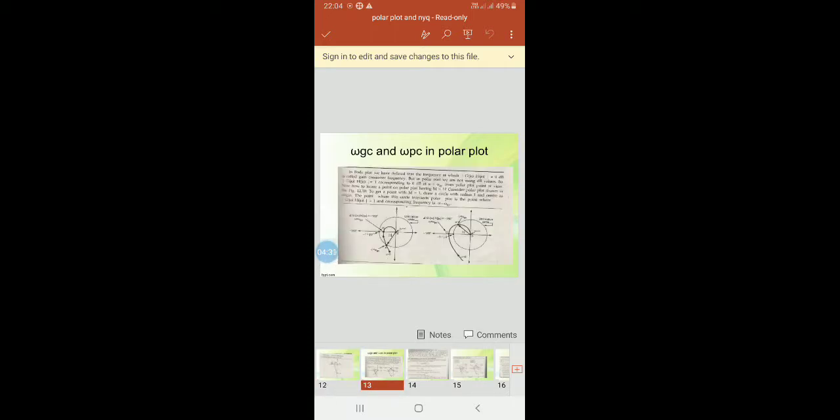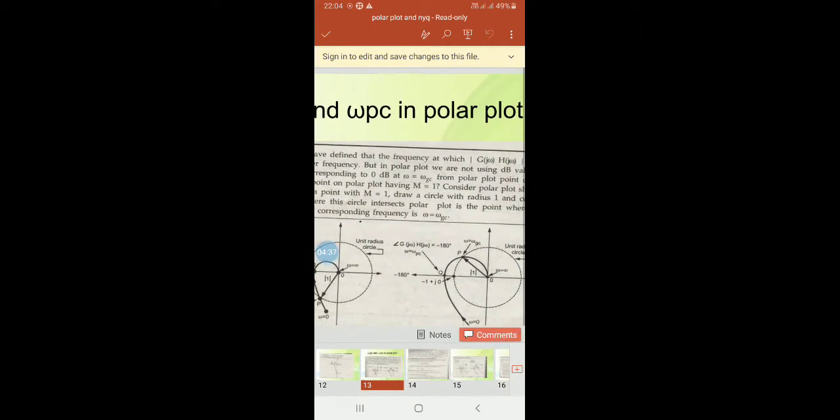Next we'll see how to find ω_gc and ω_pc in a polar plot. When we go for a Bode plot, the frequency at which the magnitude of G(jω)H(jω) equals 0 dB is called the gain crossover frequency.